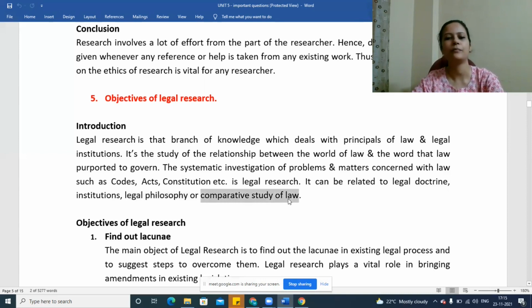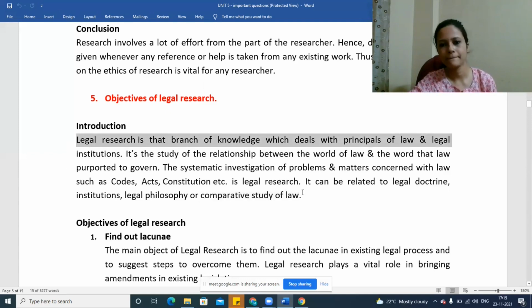Or it may be a comparative study of law, where we compare a certain provision that applies in India with a similar provision in another country. Or we compare, for example, the previous Consumer Protection Act with the 2019 legislation. How is it different? To what extent is it different? That also might be a study we can take up.